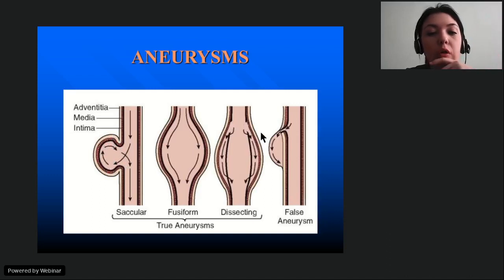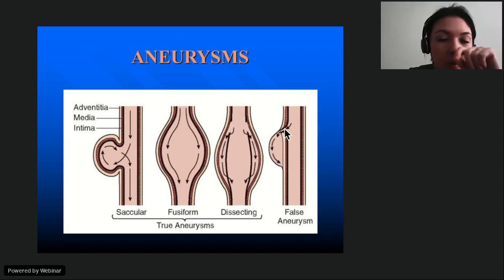Here you can see a false aneurysm, when there is a rupture in tunica intima and tunica media, and blood goes outward, and it is covered only by tunica adventitia. And a dissecting aneurysm is very dangerous.